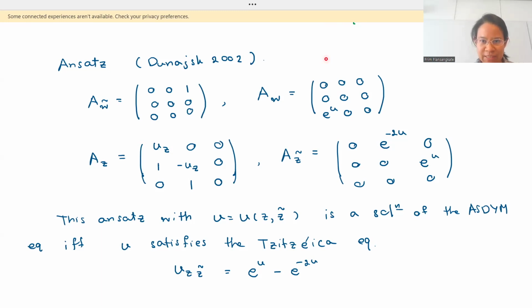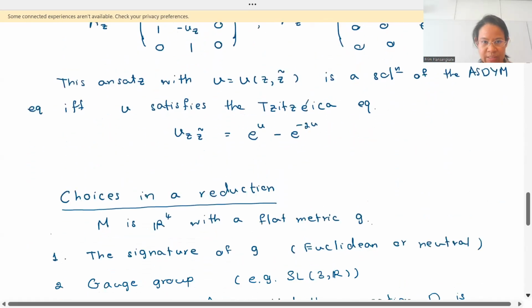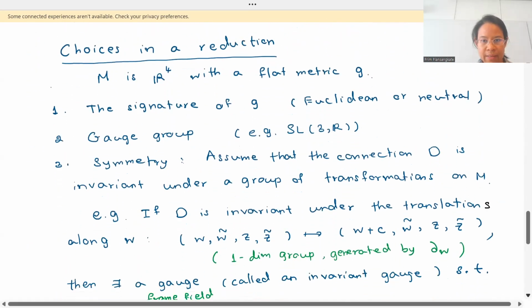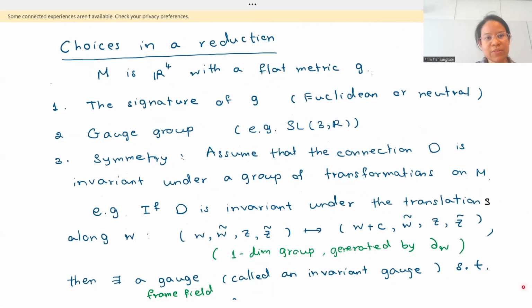So let me say a bit, drawing from this example, what we have to say to specify a reduction. Suppose I will consider the anti-pseudo-Yang-Mills equation on R4 with a flat metric.